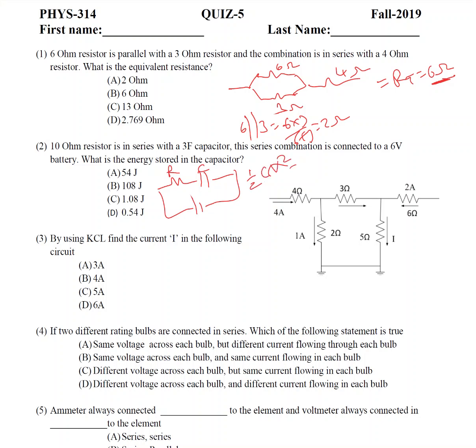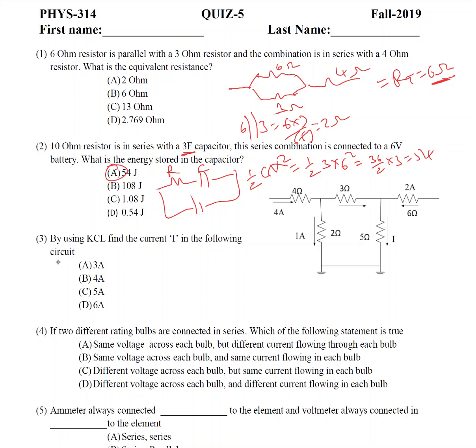Half CV squared. C is 3 farad, V squared is 6 squared. By the way, most of the time capacitors are going to be in microfarads or picofarads. So 36 over 2 times 3, which is 54.